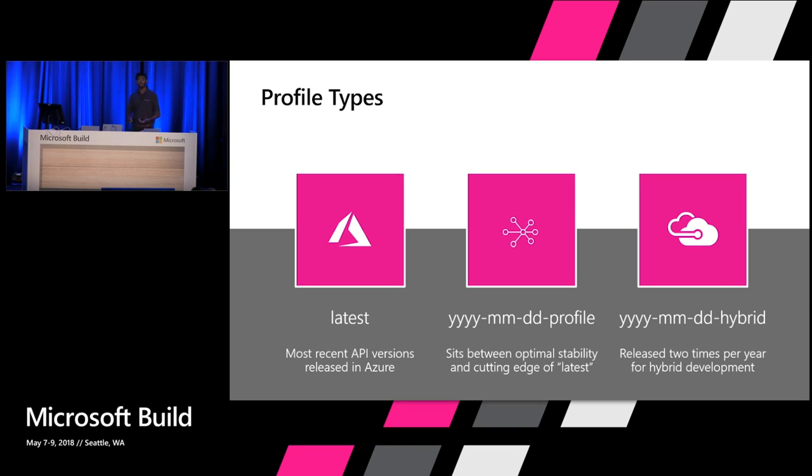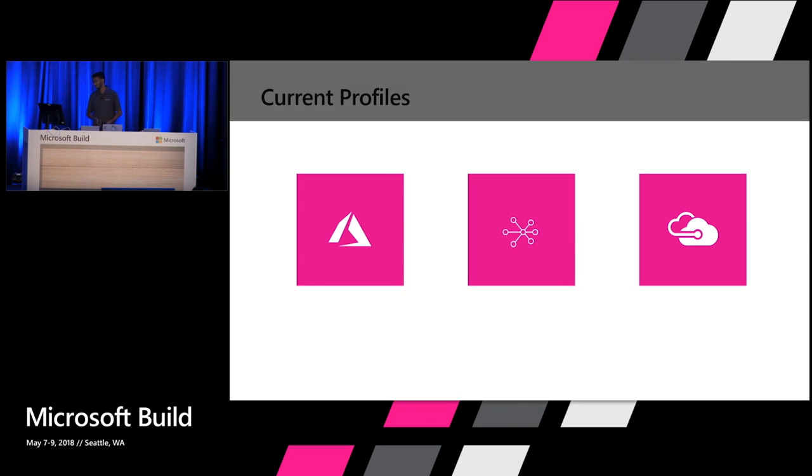And if you want to target hybrid clouds and hybrid deployments, we have the hybrid profile. Again, these are all year, month, day, and then this identifier, except for latest, which is always just latest. That's released 2 times a year, and it's guaranteed to work on a fully updated Azure Stack.